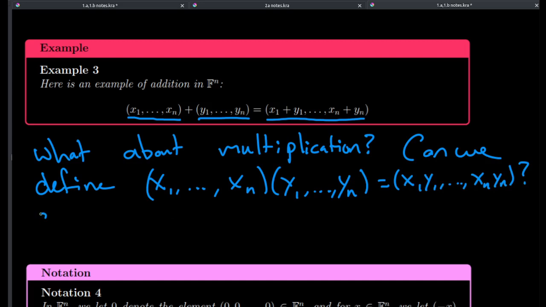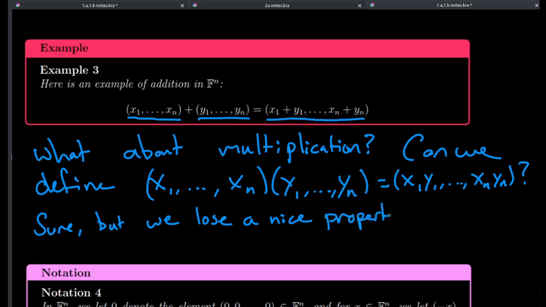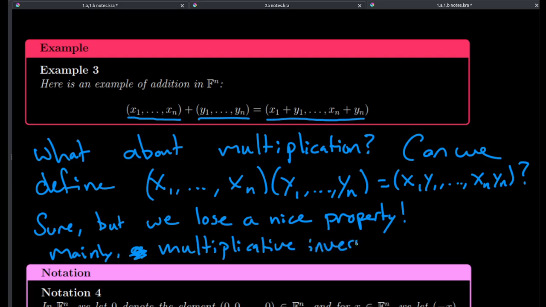The answer, of course, is sure, but we lose a nice property, namely multiplicative inverses.